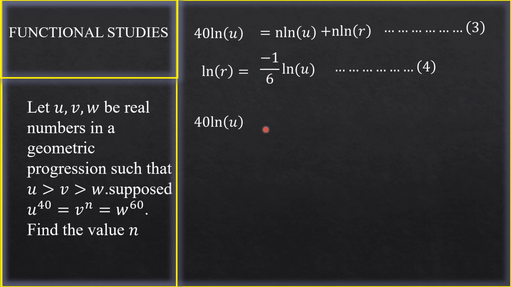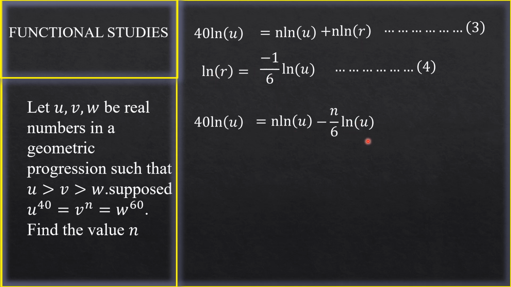That will give us 40 natural log of U to be equal to N natural log of U plus, I will just replace natural log of R by minus 1 on 6 natural log of U. So this one, the N will just be negative N on 6 now. So it will be negative N on 6 natural log of U, replacing natural log of R in equation 3.